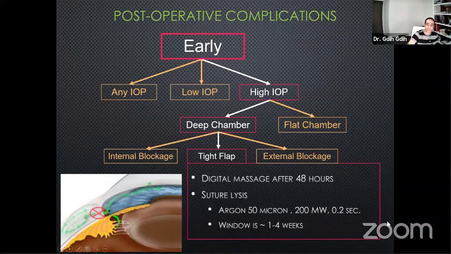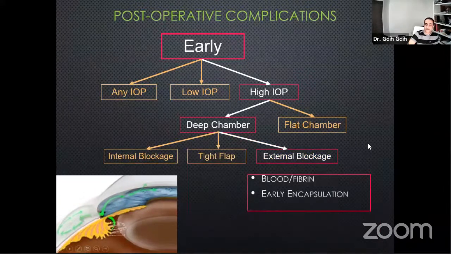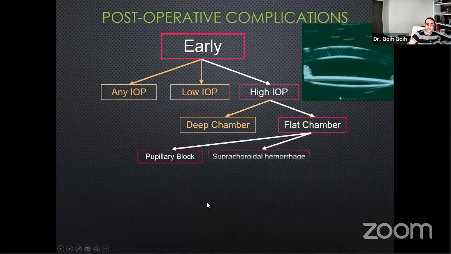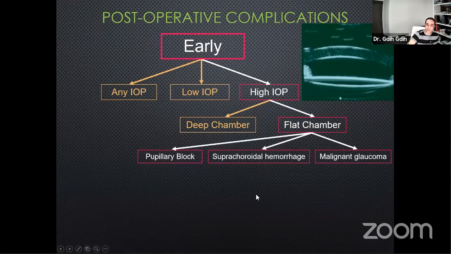Usually past 4 weeks, the adhesion will be so severe that suture lysis is not beneficial. So if you want to get the benefit of it, do it within this window. And then external blockage. That could be blood or fibrin. It could be early encapsulation, and we will talk about encapsulation in the next few slides.